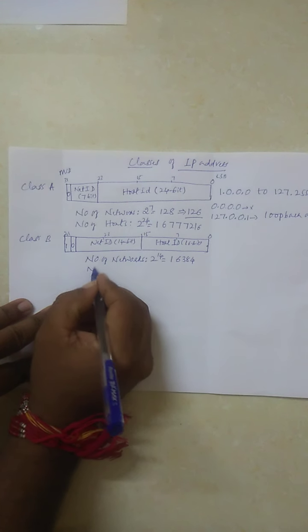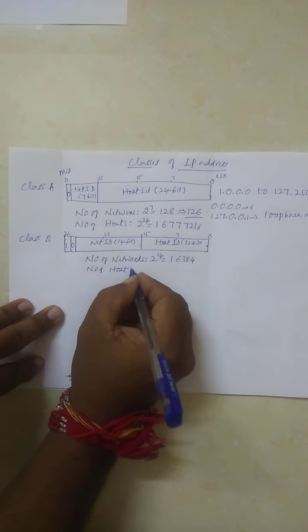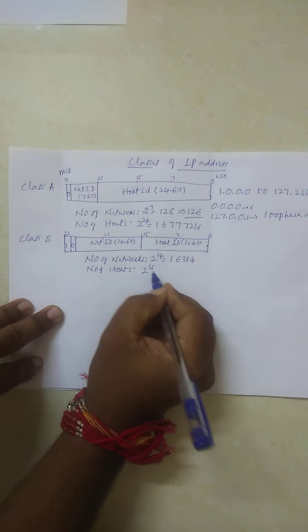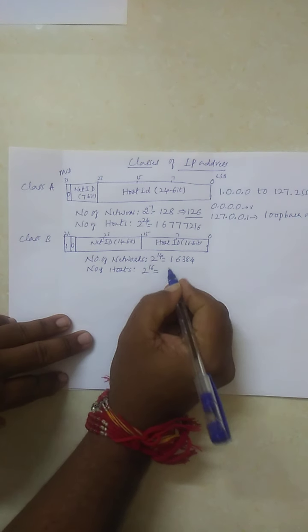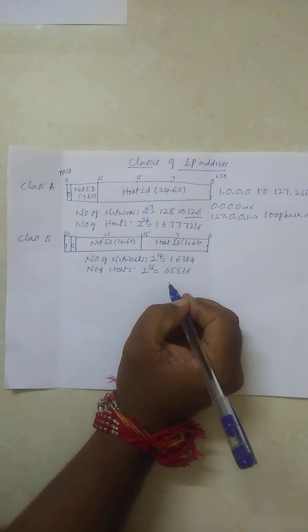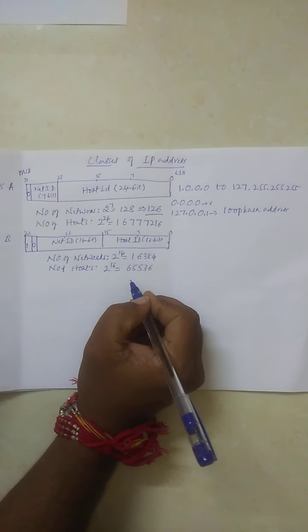And the number of hosts that each network can support: we have 16 bits, and 2^16 is exactly 65,536 hosts I can connect in a single network.